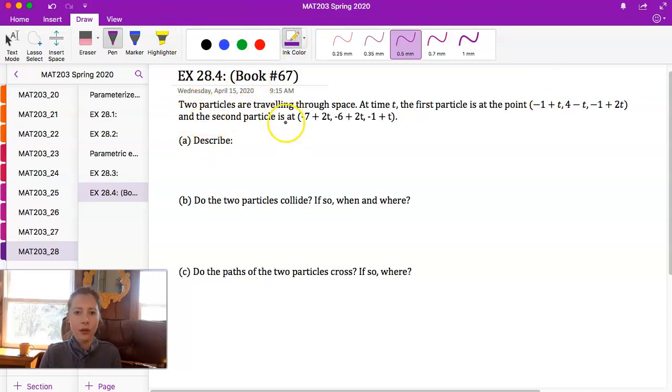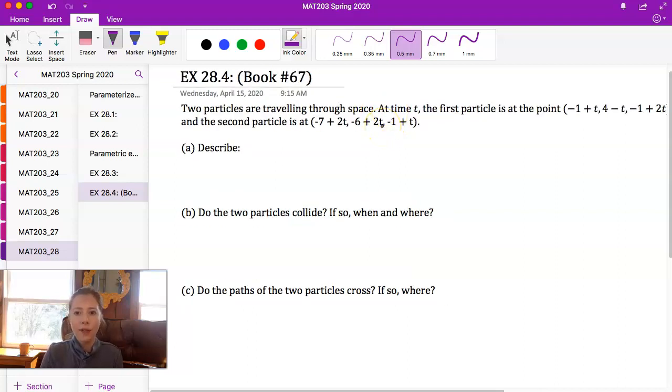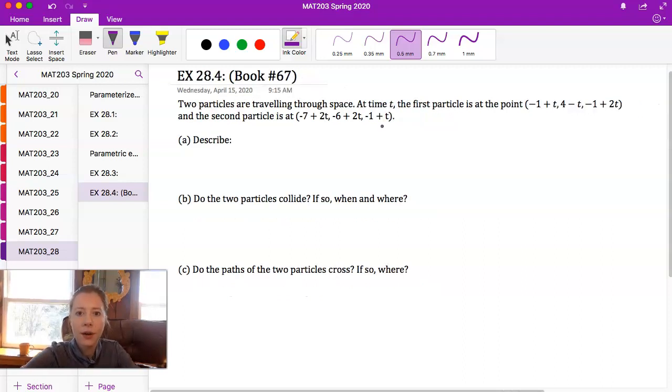The second particle is at minus 7 plus 2t for the x, minus 6 plus 2t for the y, and minus 1 plus t for the z. So let's describe the lines.